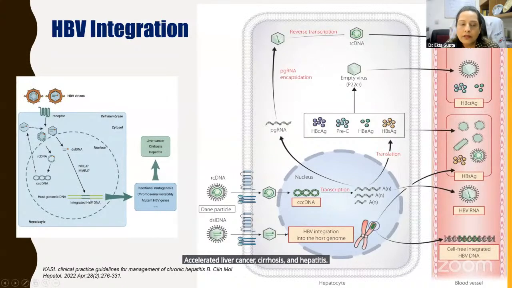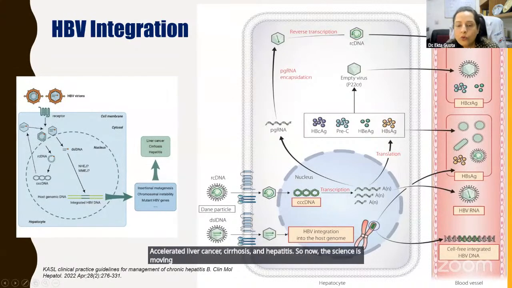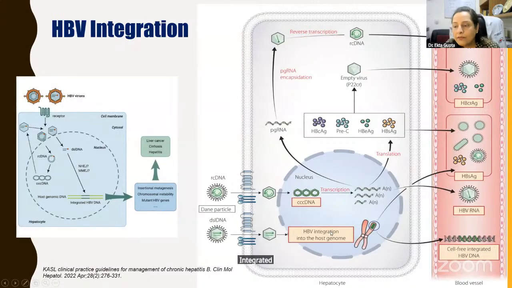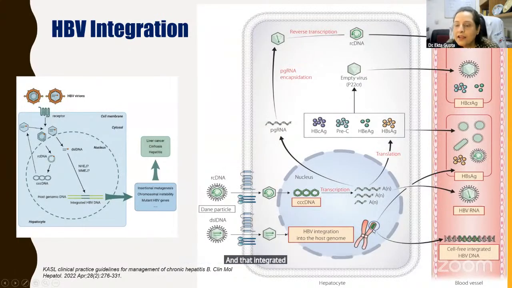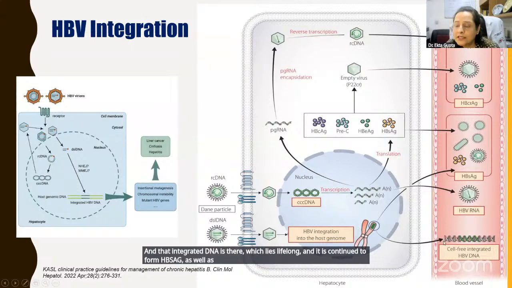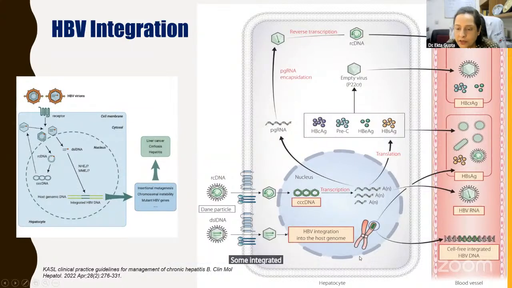So now the science is moving towards how we can prognosticate a patient by measuring this integrated DNA, which can also be seen in the circulation. So there is the story of cccDNA, which forms regular protein and releases these into the blood. And the integrated DNA lies lifelong, continues to form HBsAg, and releases some integrated DNA into the circulation.